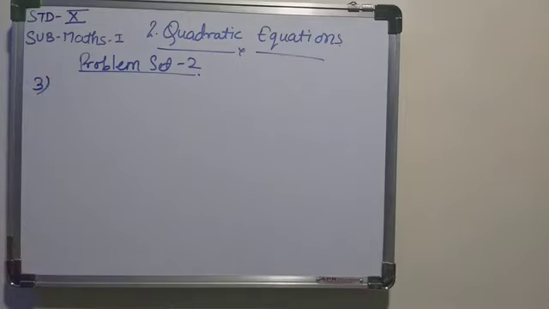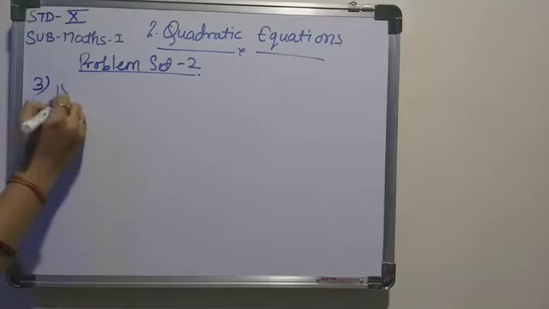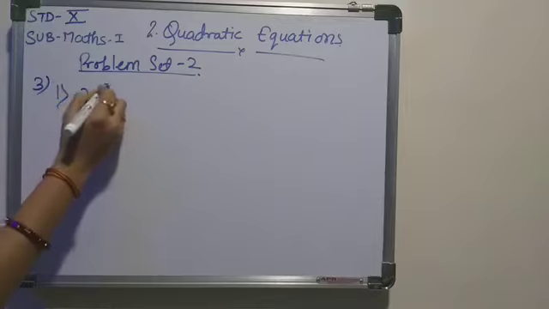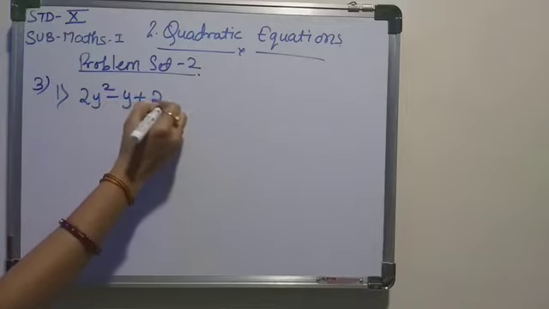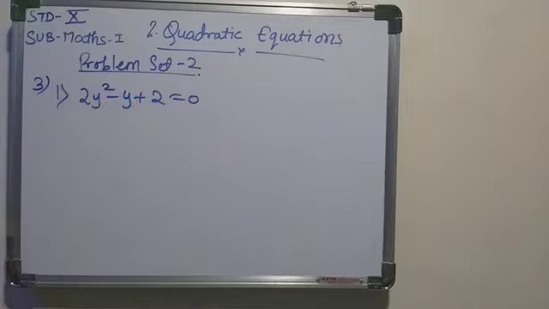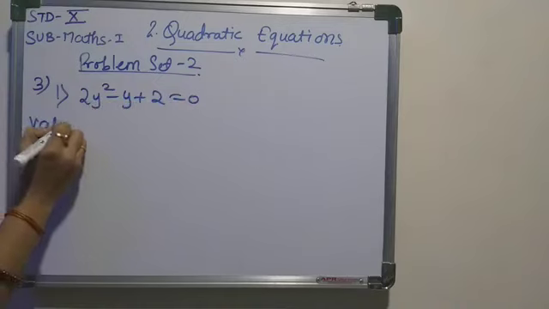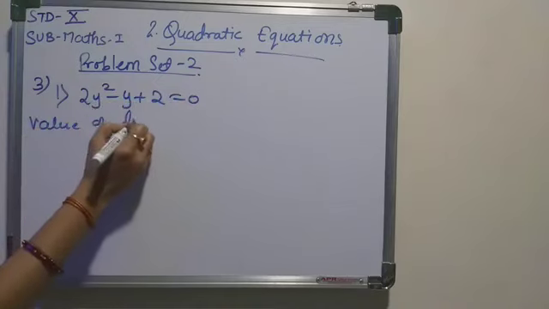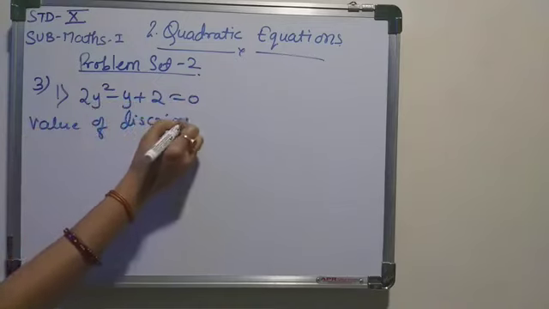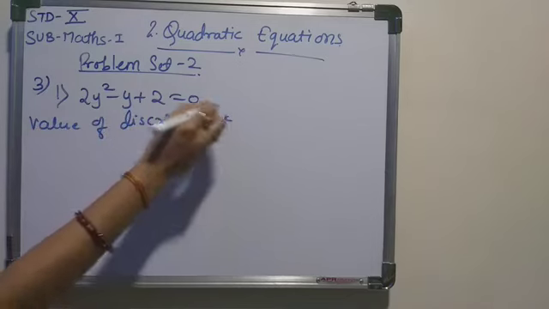Now what is given in question number 3? Find the value of the discriminant for each of the following. So we have to find the value of the discriminant, and question number 1 is 2y square minus y plus 2 equals 0.